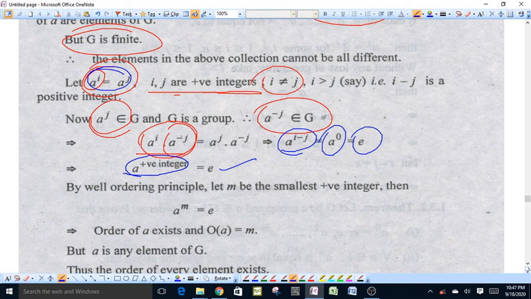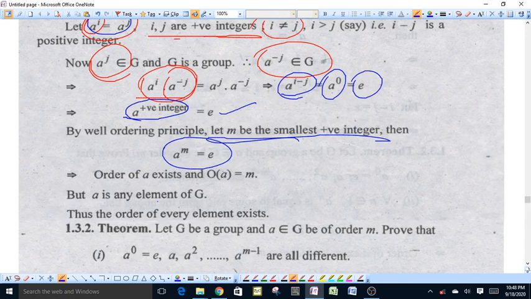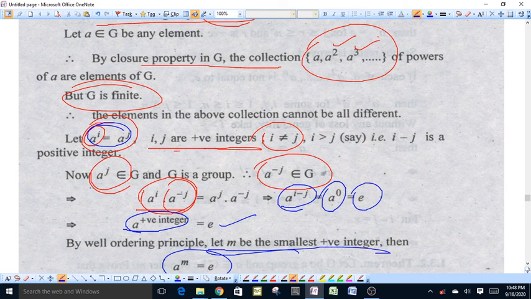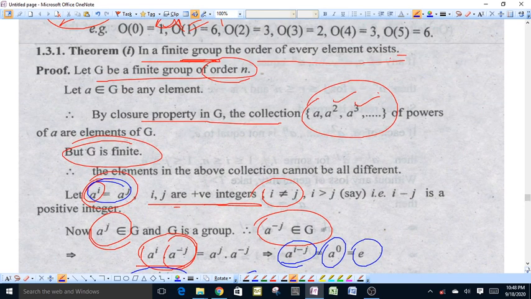Then by well ordering principle, let m be the smallest positive integer such that a raised to power m is equal to e. Then order of a is equal to m. But a is an element of G, therefore order of every element in this group is finite. This means in every element of the finite group, order of every element exists.